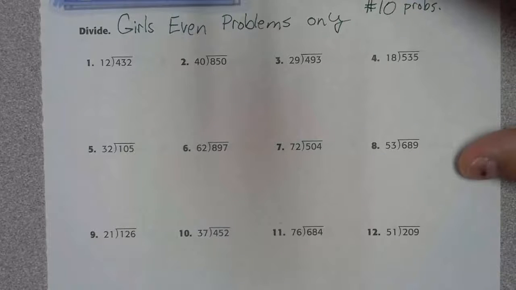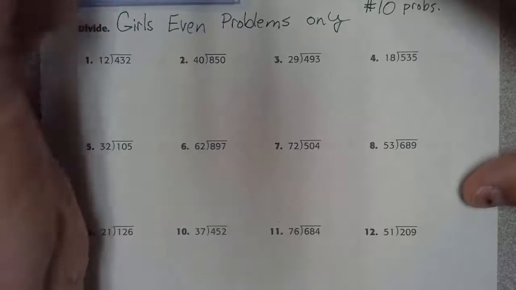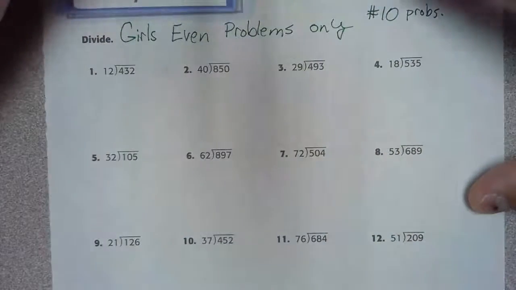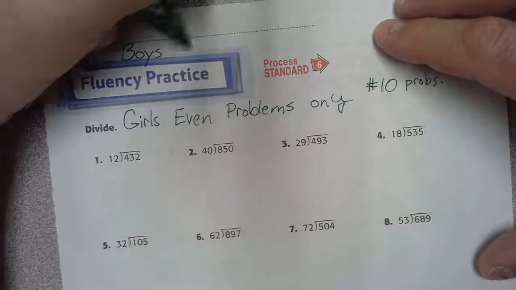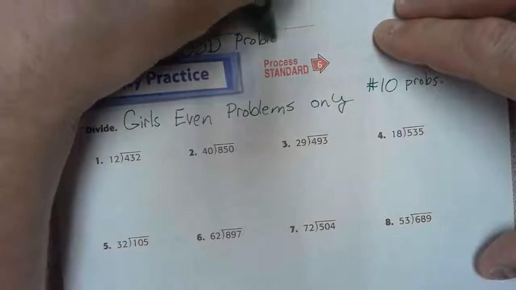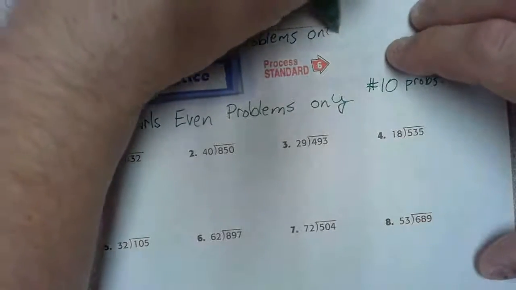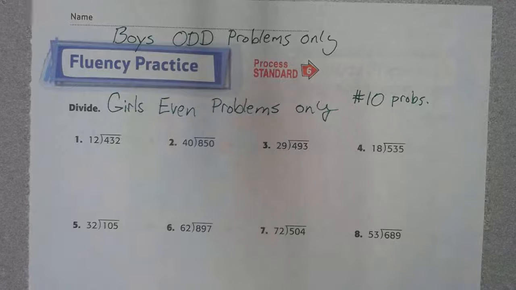Boys, since you are a little odd, you're going to do the odd numbers. Okay? You're also odd. I know I am. Boys, I know you are. Odd problems only. So, boys, what are the odd numbers? 1, 3, 5, 7.